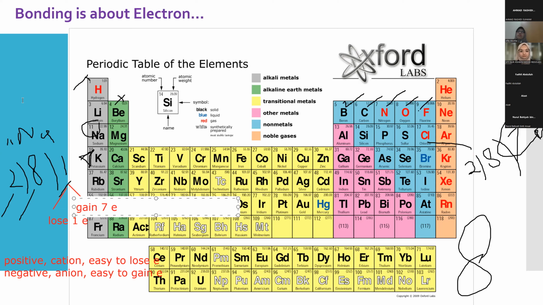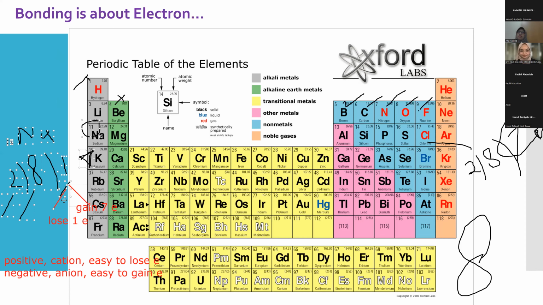Okay, if sodium has 11 electrons, 2, 8 and 1, finally we have to make an octet. An octet is 8 electrons.